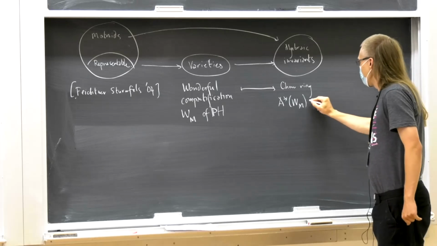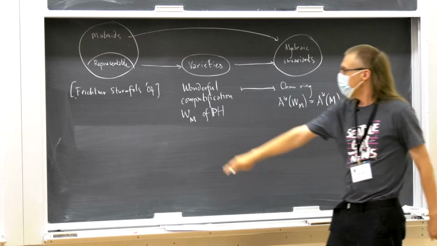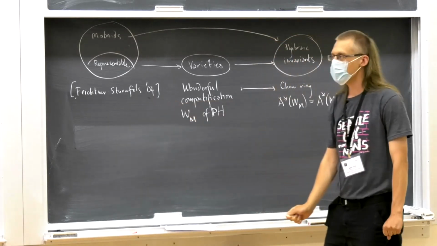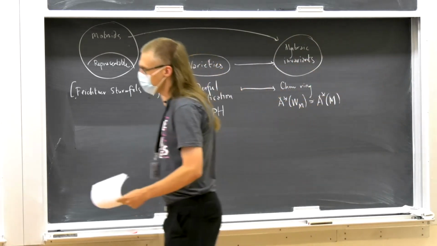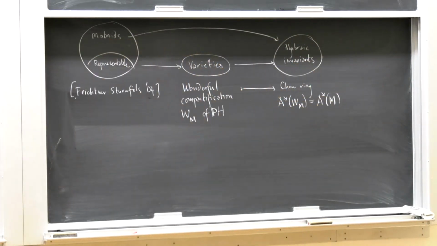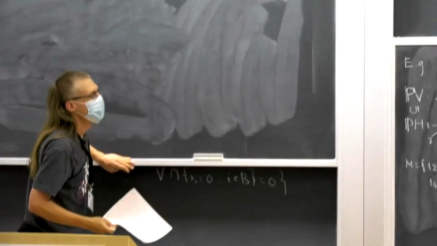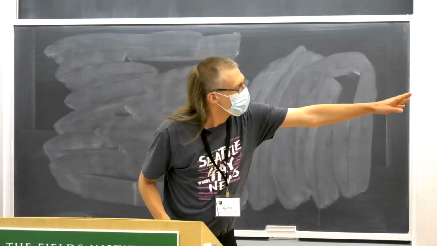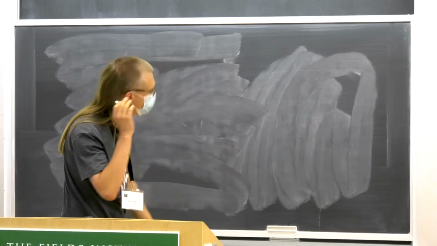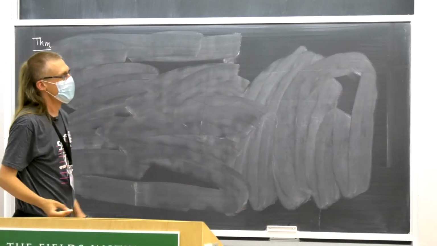Let me call that the Chow ring of M, for in fact it only depends on M. And the really great thing, the Fields Medal winning work, was that the Chow ring exists for every matroid, that's still in Feichtner and Sturmfels, but the Fields Medal winning work is that it behaves like it came from this thing.